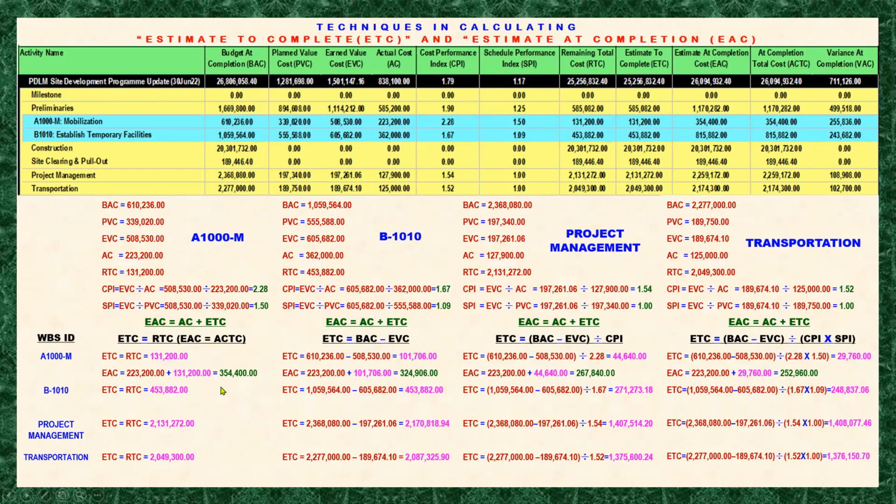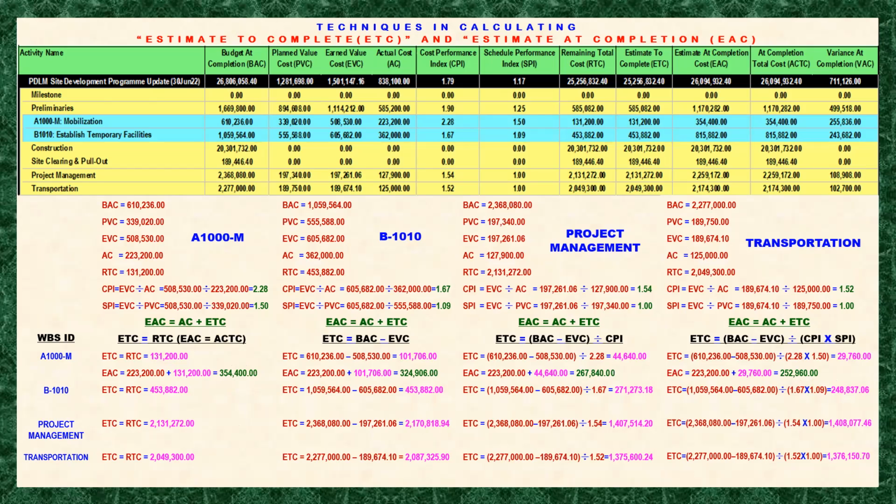So if you look at the total cost of our projection here, for the first technique it is 354, and on the second technique it is 324, and the third technique is 227, and the fourth technique is 252.